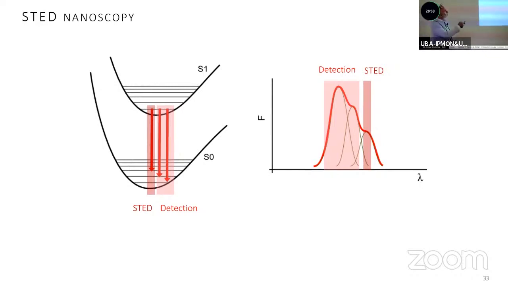Every time the molecule returns through this channel, the molecule is dark. And that's the way you switch it off. That's also the reason why this changes lifetime, as was explained in the previous talk. You are competing with the spontaneous decay, so you are increasing the total decay rate, and the lifetime is reduced when you do STED.